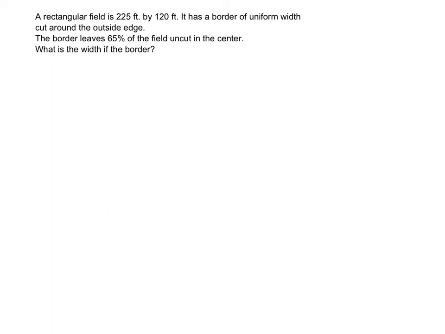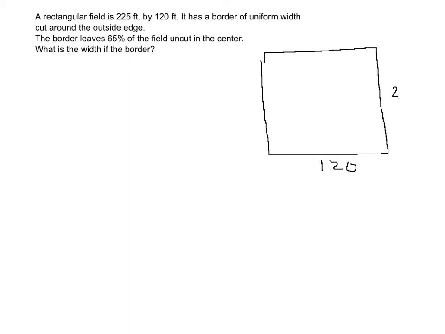What I had to do is think about this a little bit, and whenever possible, it's always a good idea to draw a picture. And so the picture should look something like this. Here is my rectangular field. So this length is 120, and this length is 225. And what I'm going to do is create a border. And so that's going to look like this.